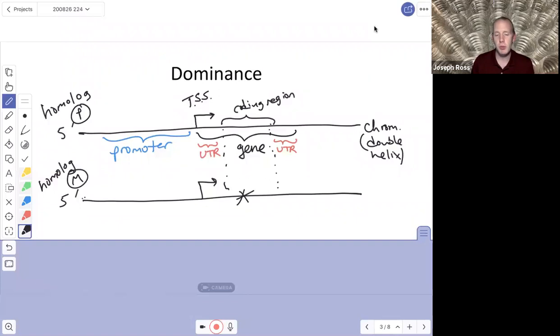Okay, so this brings up this concept of dominance. So we have a protein produced from the paternal allele and a different, let's say, shape protein produced by the maternal allele. What might this do to the cell? Well, let's see.